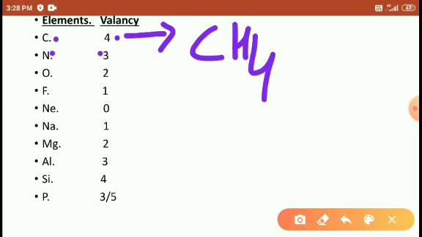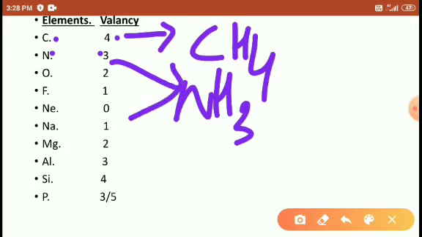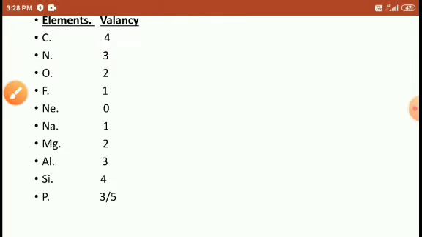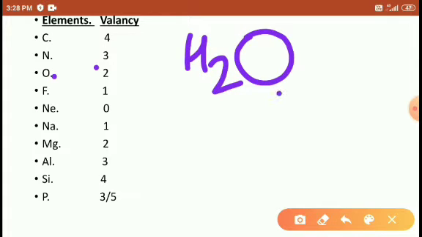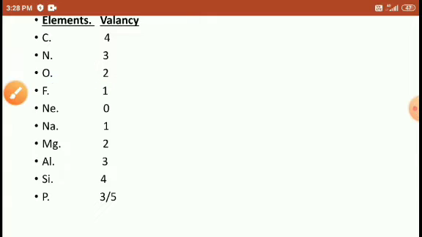Nitrogen valency 3, for example, nitrogen bonds with 3 hydrogen, 3 chlorine, etc. Oxygen valency 2, oxygen bonds with 2 species. For example, H2O: 1 oxygen, valency 2, bonds with 2 hydrogen.